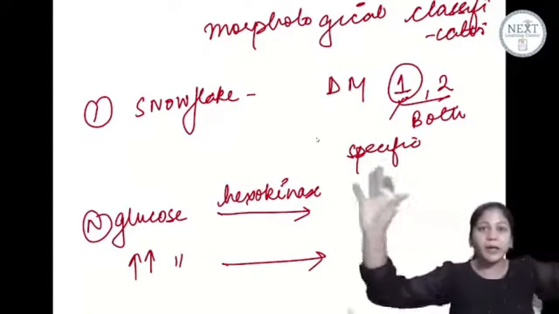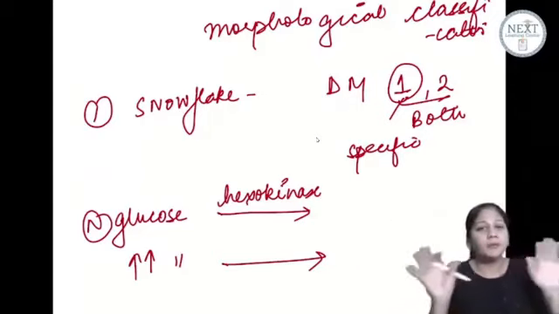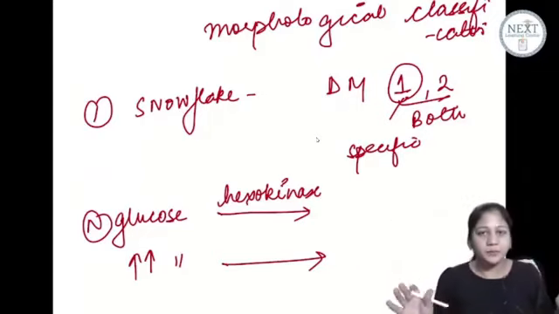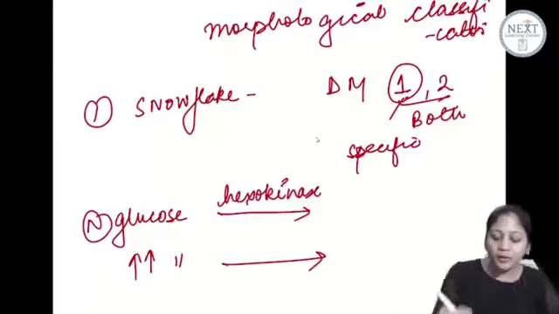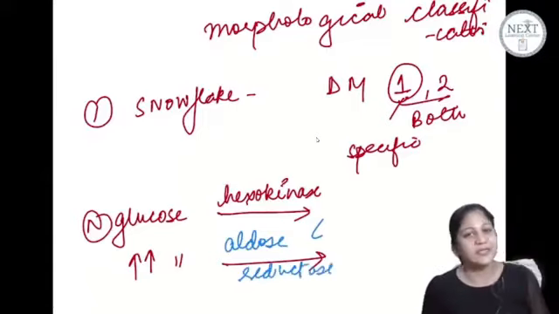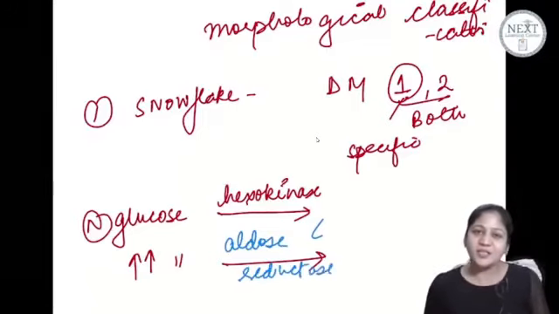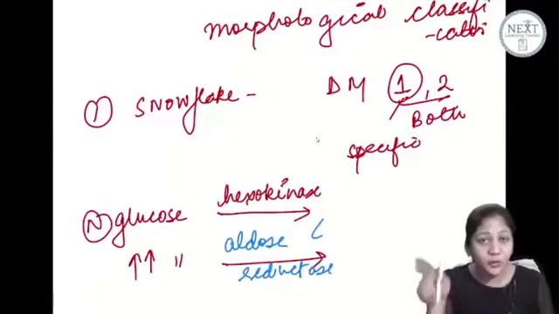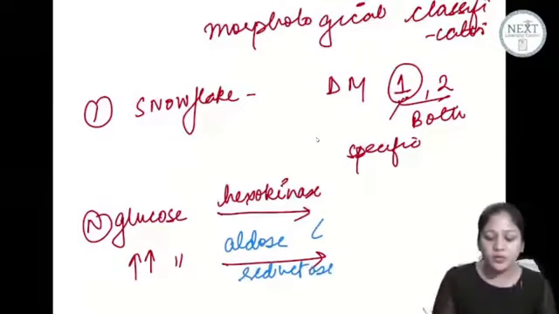Hexokinase says, I'm tired, I'm not going to do more work. So it goes off, and what comes next? The next savior is your aldose reductase enzyme. So aldose reductase enzyme comes to save you, and it utilizes the extra glucose into what?